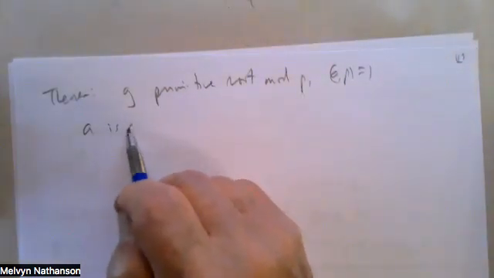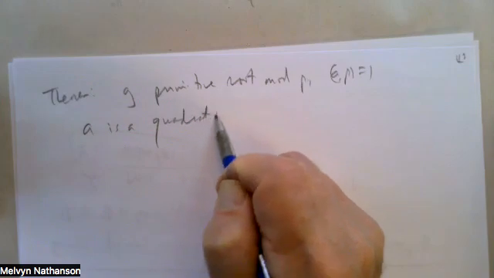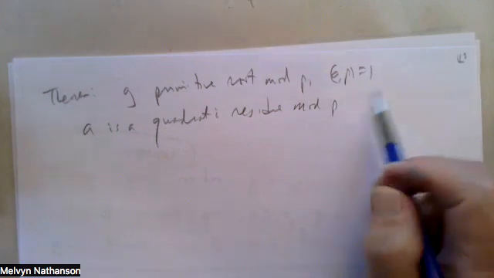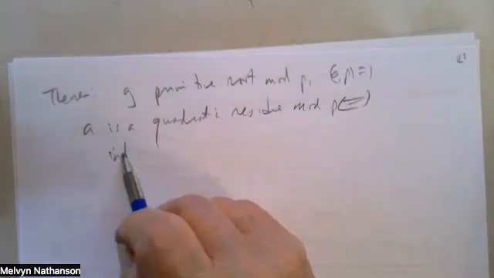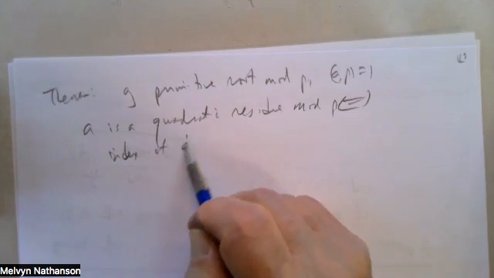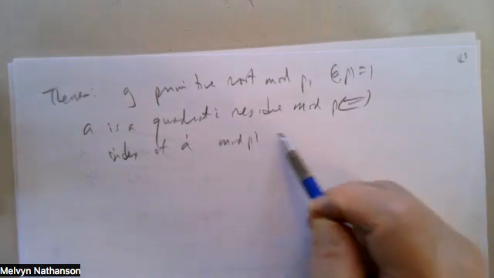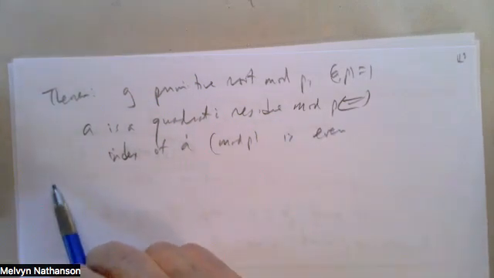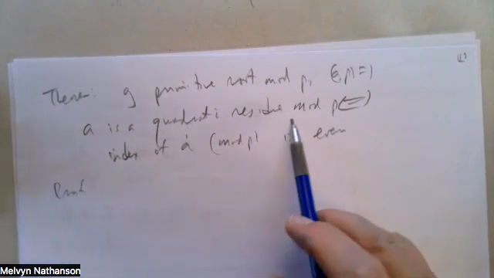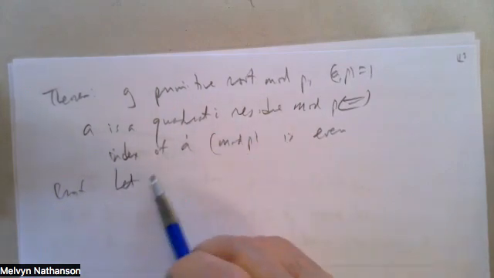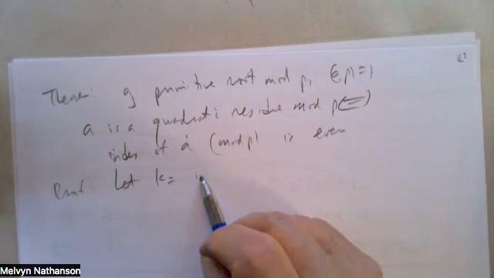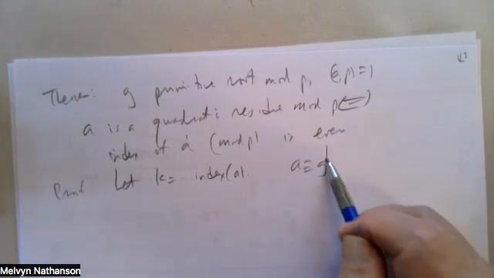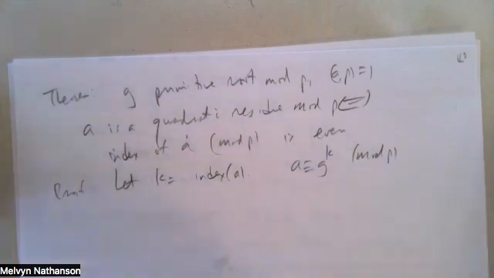Then A is a quadratic residue mod P if and only if the index of A mod P is an even number. That is, let K be the index of A. That means A is congruent to G to the K mod P.